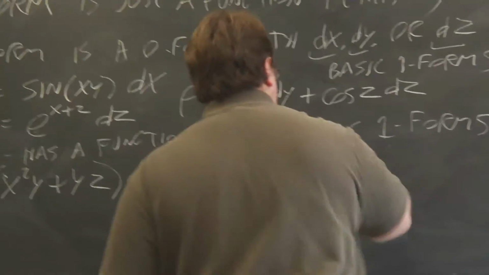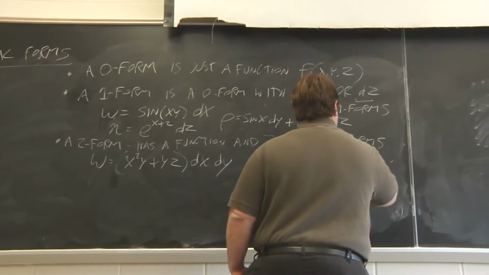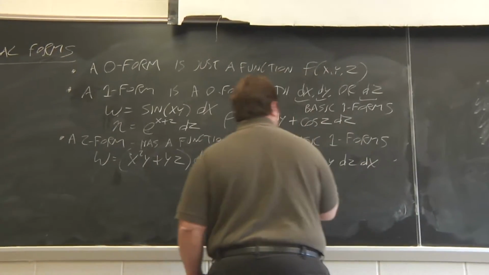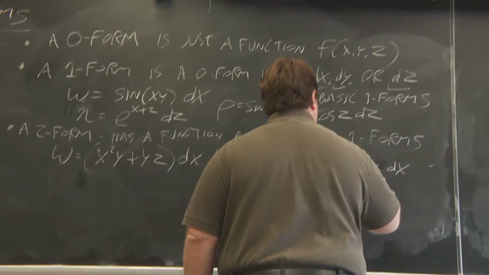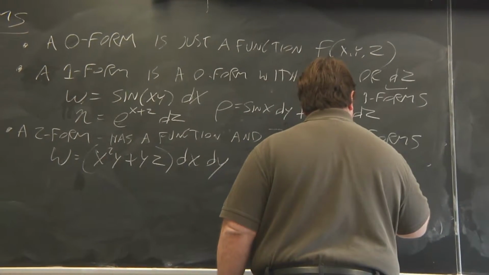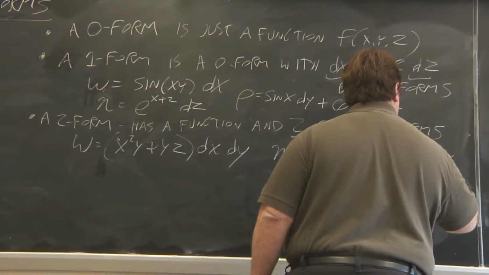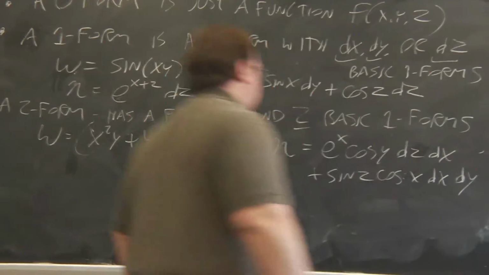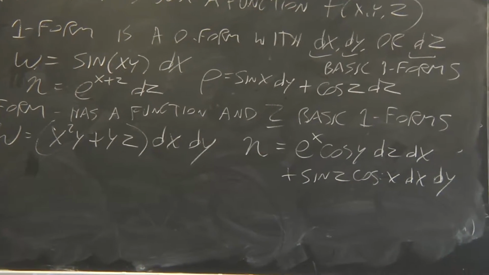It would be u dx cosine y dz dx plus sine z cosine x dx dy. Right. So again, 2 forms. You can add 2 forms together.